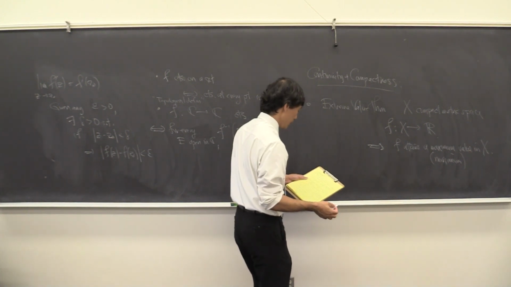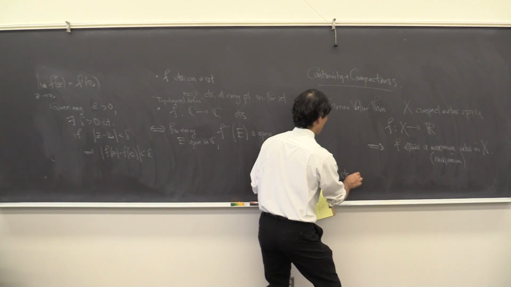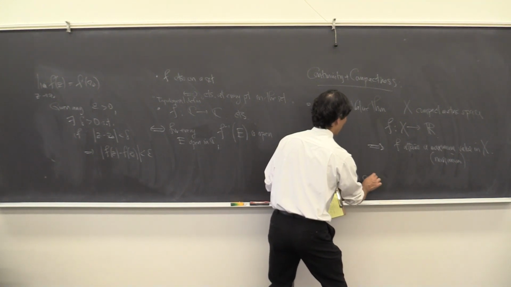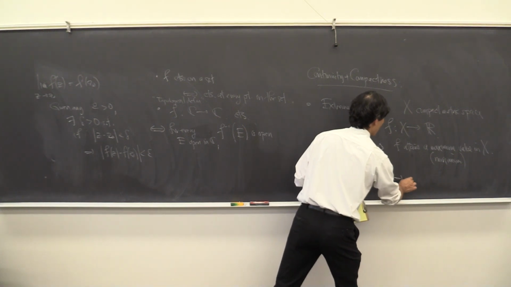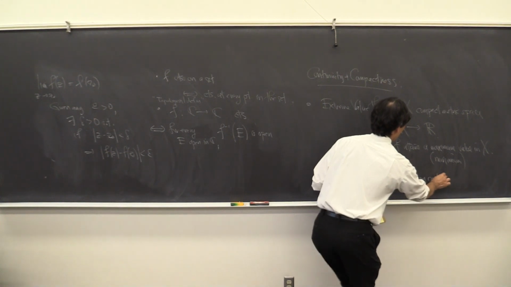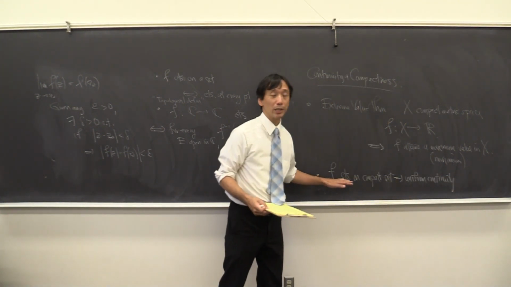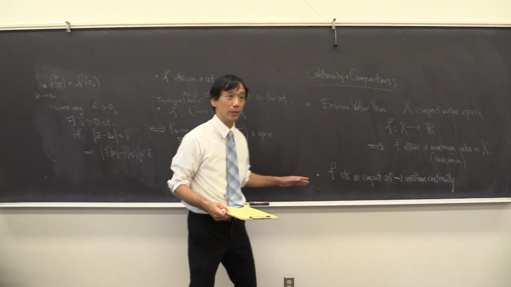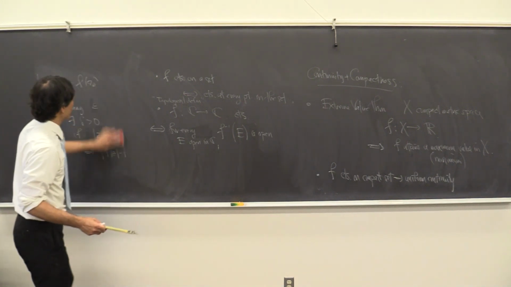Another thing we're going to need is that continuity on a compact set guarantees uniform continuity. So if you're continuous on a compact set, then you're uniformly continuous.